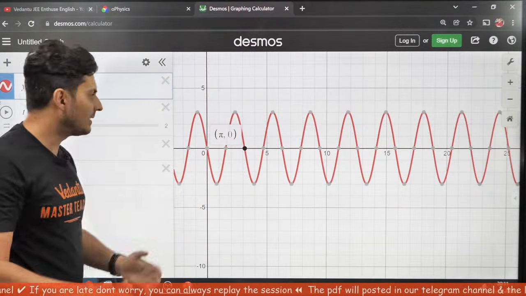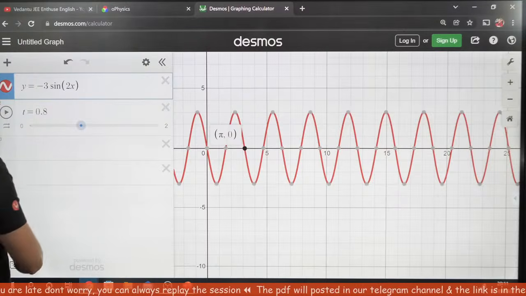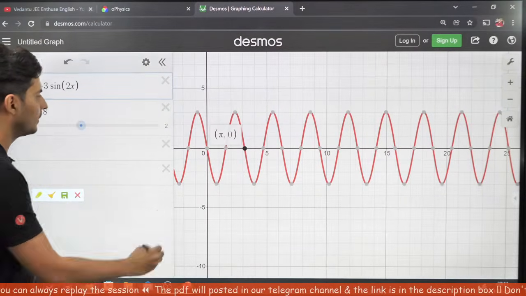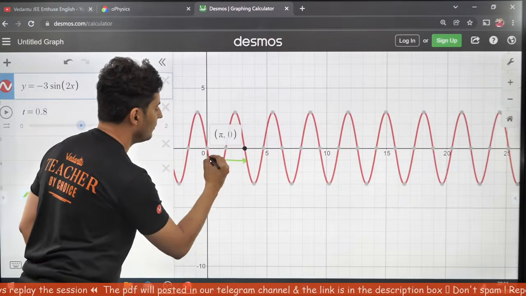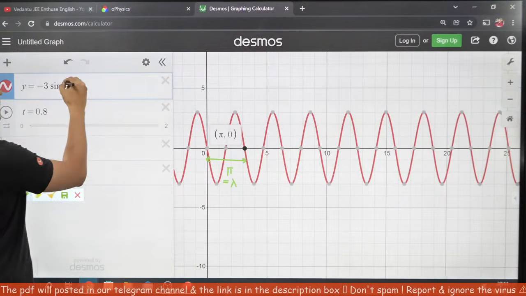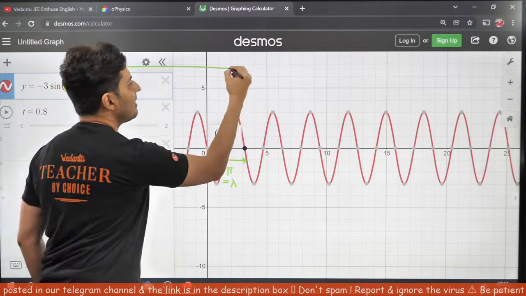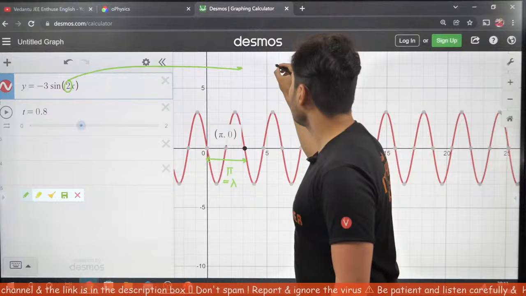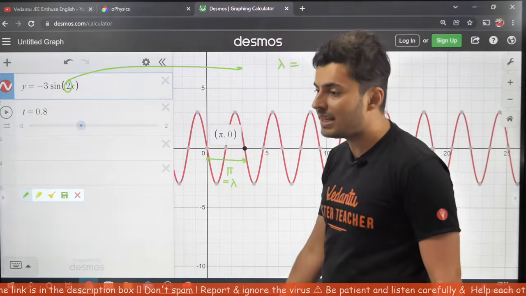So now, does it make sense what this number is trying to do? Think carefully and let's write it down right over here. Now this is my new wavelength, so pi radians is the new wavelength. So if this 2 was something else, then what do you think the wavelength will be?